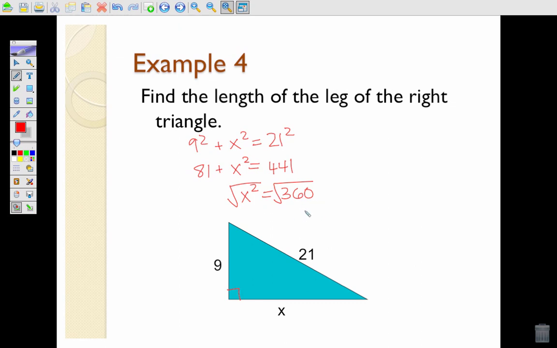And I need to take the square root of both sides. That is not an even square root. I get a decimal. So let's just go ahead and simplify it, leaving it in exact form. The largest perfect square that I see is 36. And that gives you 6 square root of 10.